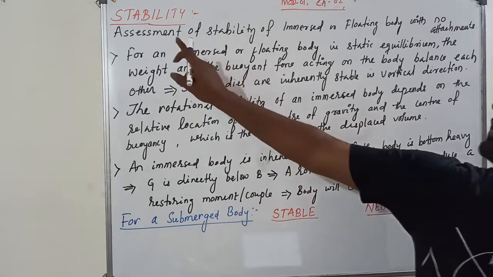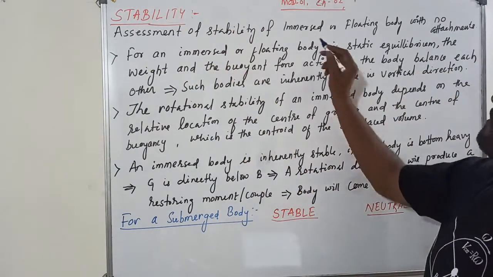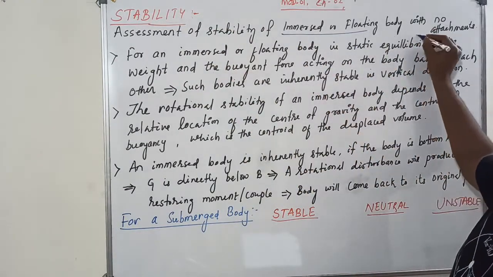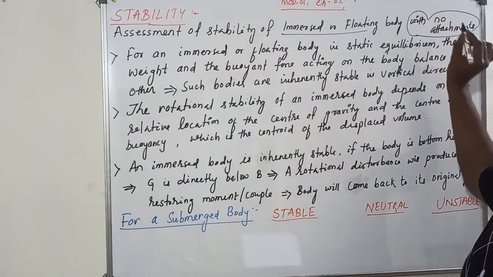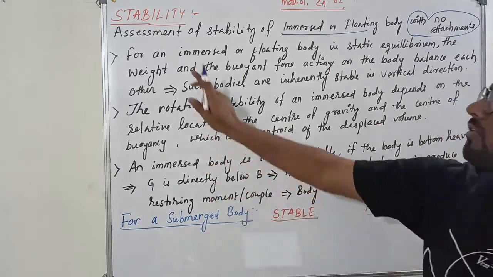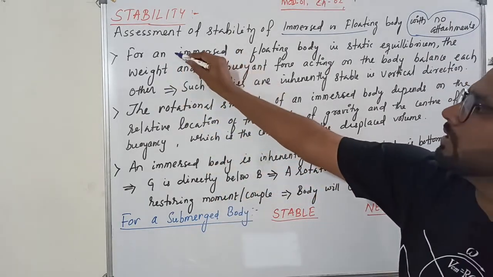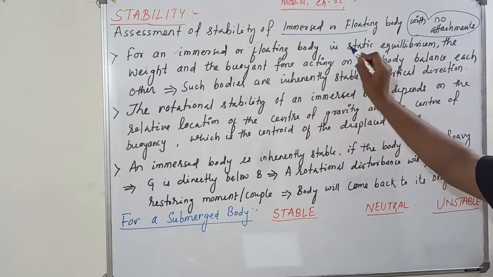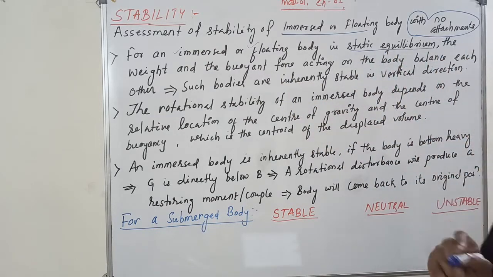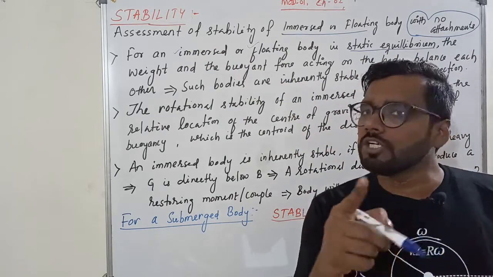So this is the assessment of stability of an immersed or floating body with no attachment, no string, nothing is attached. They are independent. For an immersed or floating body in static equilibrium, net force is 0.